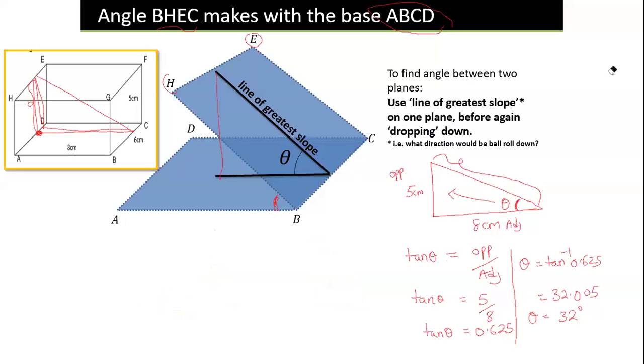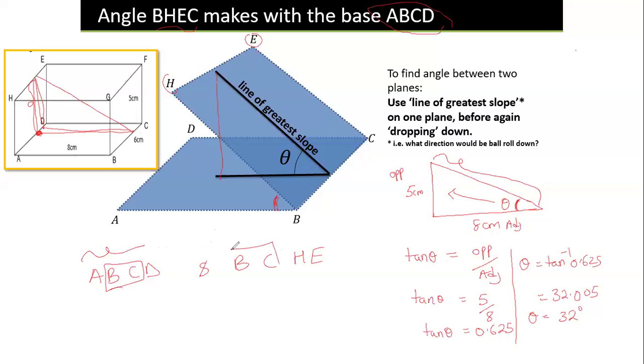I want you to always look at what they wanted. They wanted us to find the angle between plane ABCD and plane BCHE. What you always need to look out for is the line that is common in both planes. For this plane, BC is common here.